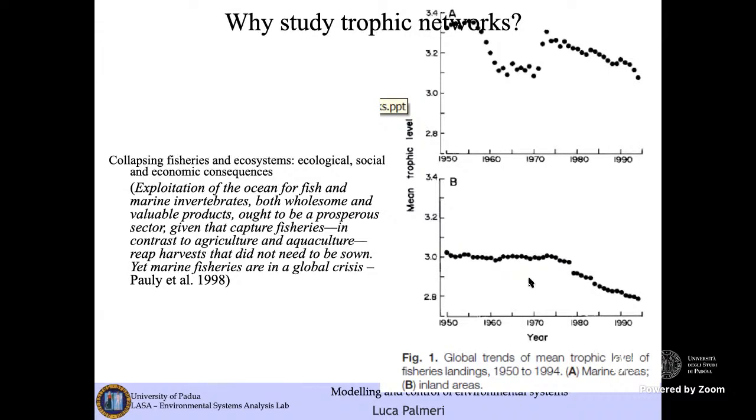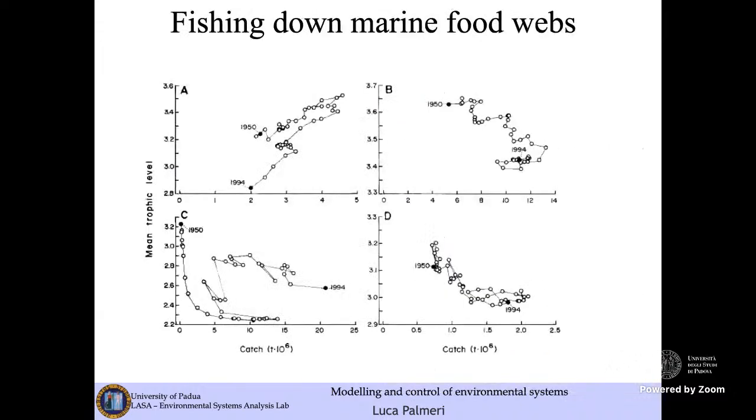This is not possible, for example, for oceans, of course, because when we are fishing oceans, we are impacting directly on complex ecosystems. And what may happen, as you can see from these graphs, is that you have a compression of the trophic networks toward the lower levels.